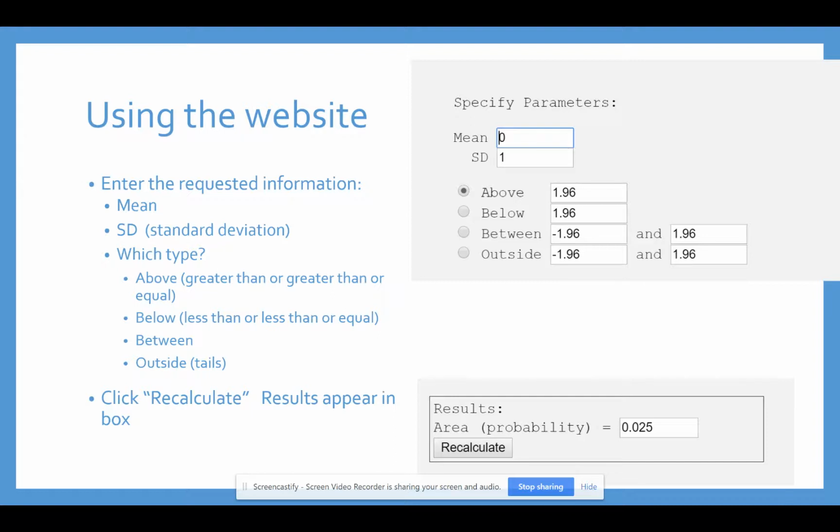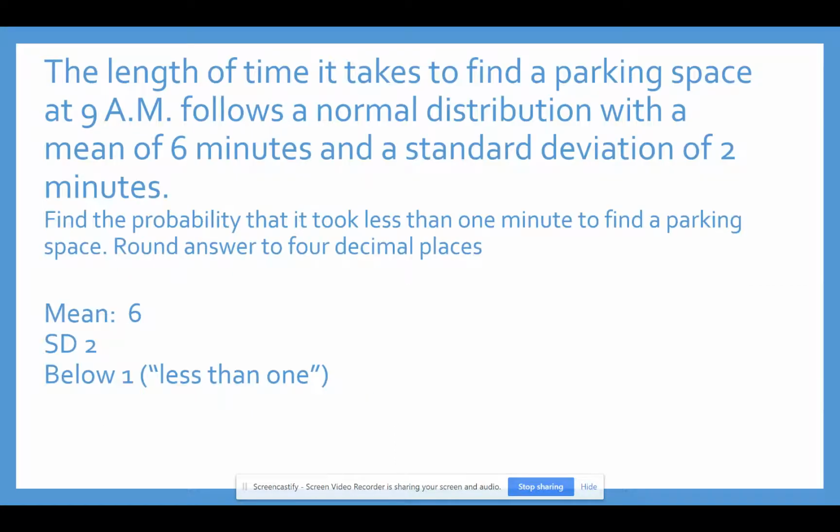And then you simply click on the widget Recalculate, and it will put the results in the box near the bottom of the screen. So we're going to take a look at a few examples, and I'm going to walk you through how to use the website to do these problems. You're still going to want to try to draw a picture of what's happening because, again, that helps to give you some insight into the information you should enter into the website.